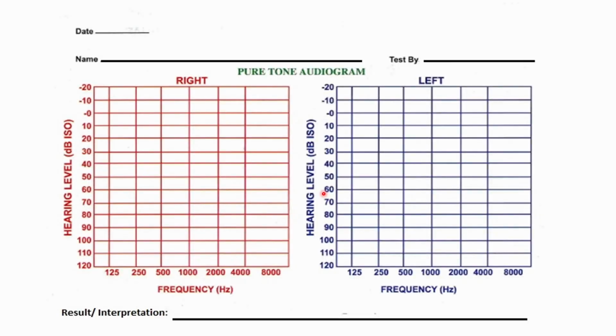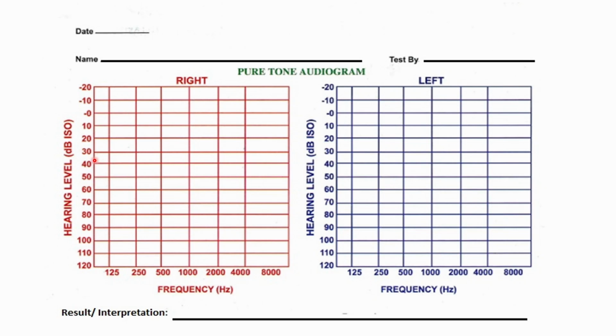So this is the repetition from the first part. This is a sample of an audiogram. As we have already discussed, the frequency is on the x-axis and the decibel hearing level, or intensity, is on the y-axis. So basically, how do you start the procedure in the room?